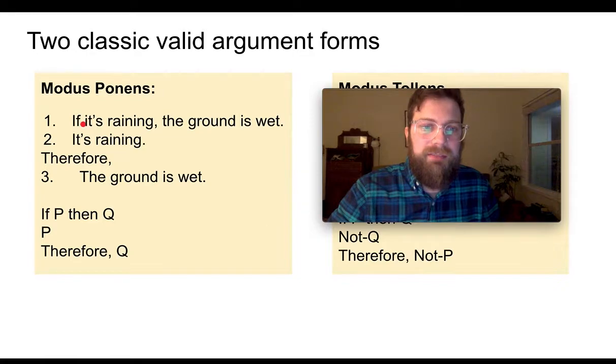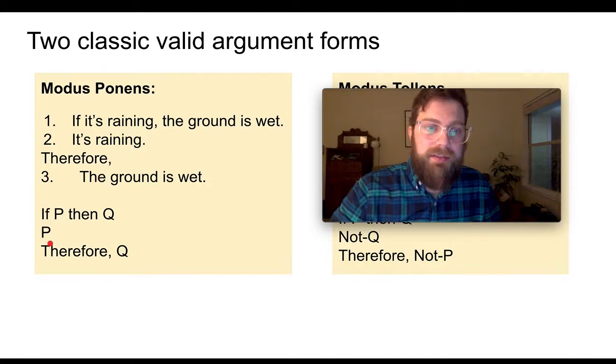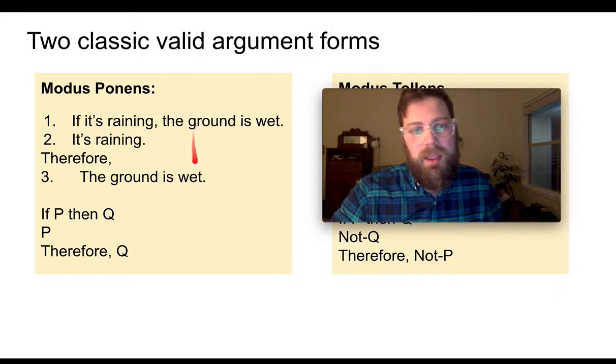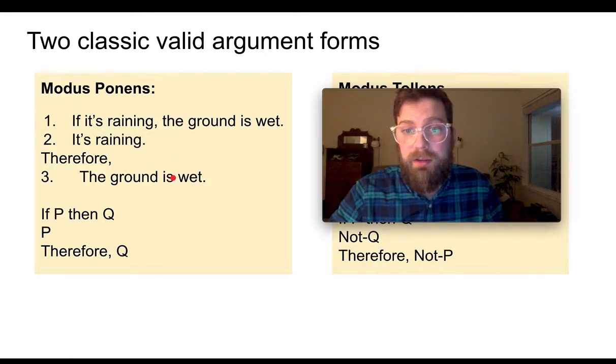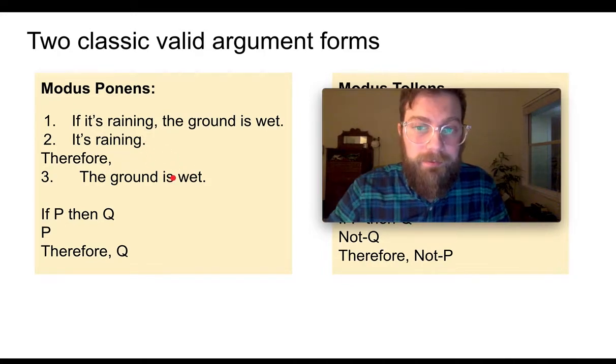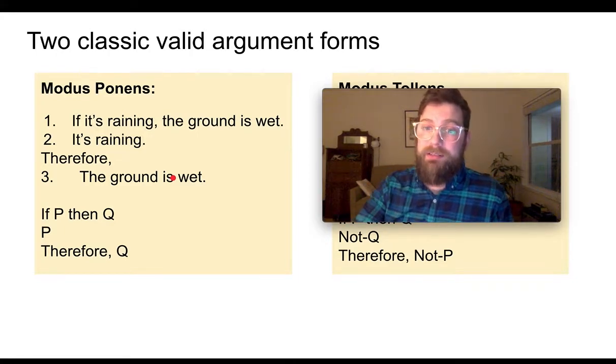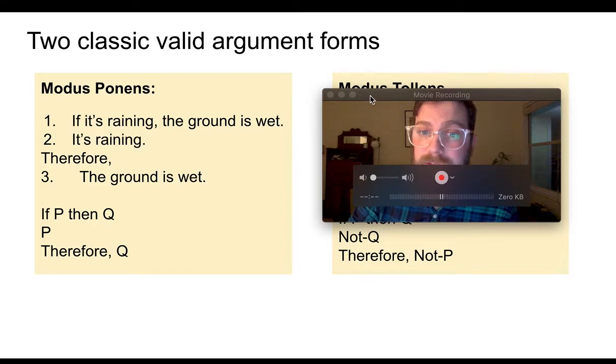You have if it's raining right here at the start of your conditional, and it's raining right here as your second premise, and then you have the consequent, the Q from your conditional, in the right places, as the consequent of the conditional and as the conclusion of the argument. So that's a straightforward and classic example of a valid argument.